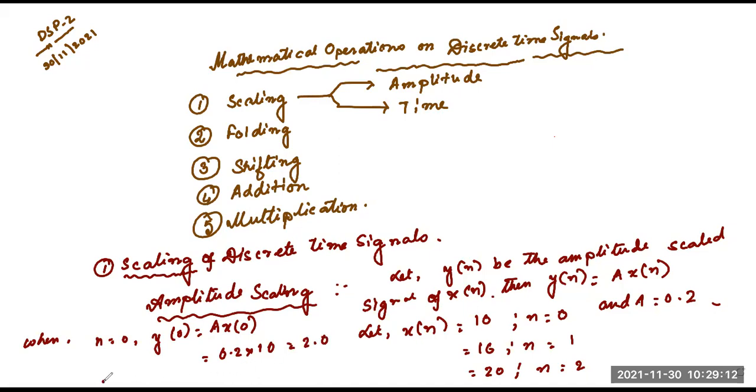Same, when n equals 1, y[1] equals A times x[1], that is 0.2 into 16, that is 3.2.